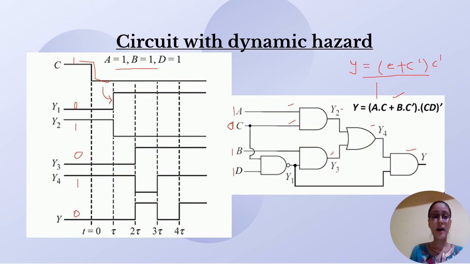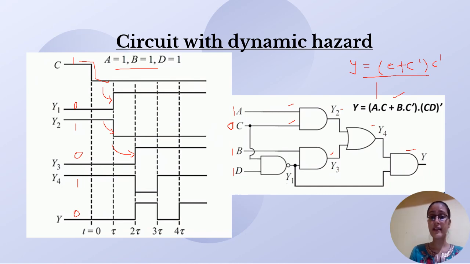So that appears here after time tau, and Y3 is 1 and 1, that should appear 1, so that appears after time 2 tau, we can see here.